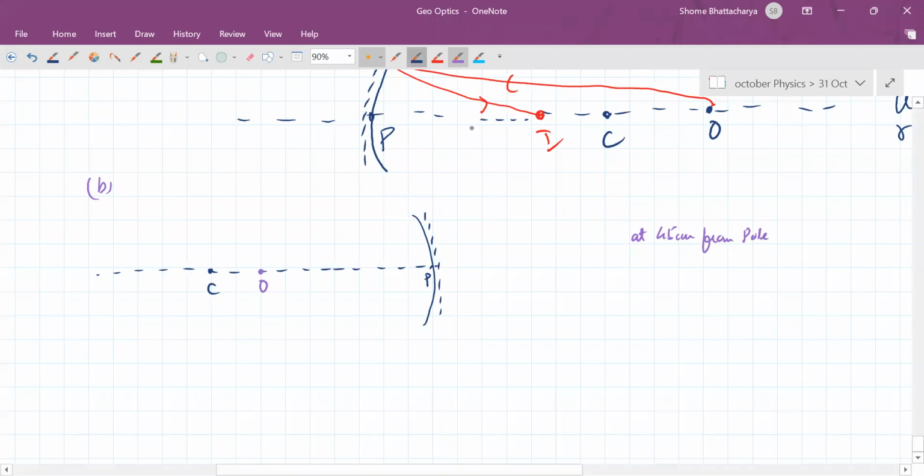Okay. So here we'll take u as minus 45, R as minus 60.